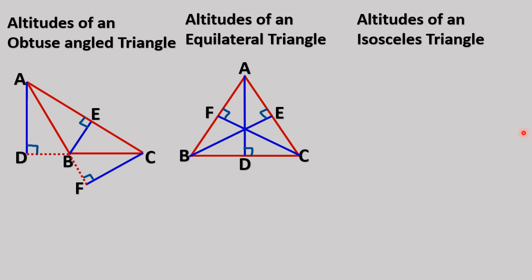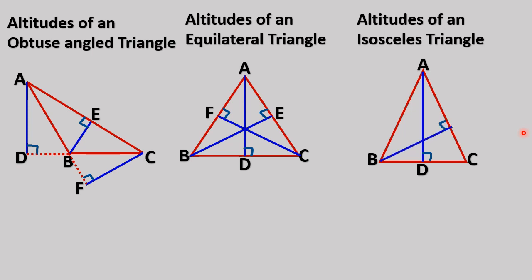Now altitude of an isosceles triangle, let us see. Isosceles triangle means what? Two sides equal. Here AB and AC equal. So from A to BC, altitude. Now B to AC and C to AB. What did you observe here?